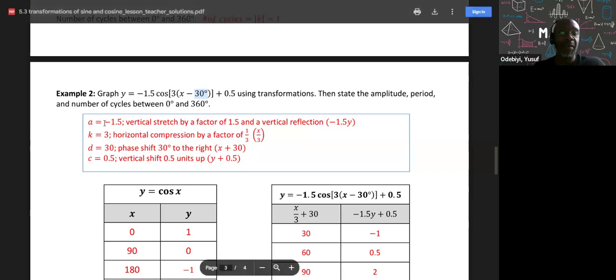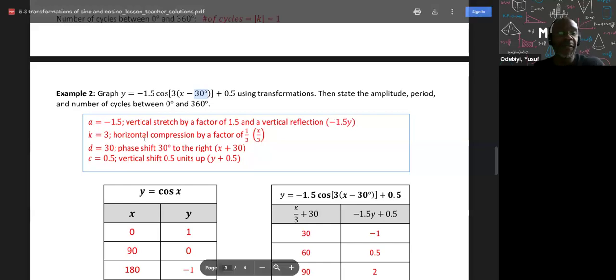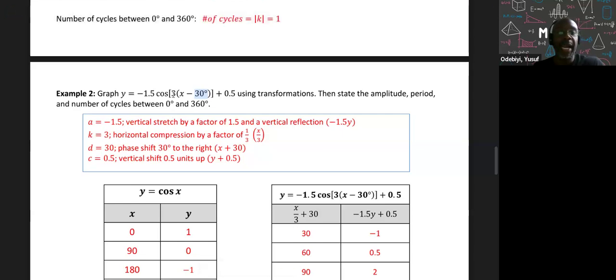So here, let's look at it. So A is negative 1.5, a vertical stretch of 1.5 and a vertical reflection. So my y's are going to be multiplied by negative 1.5. My k, in this case, is 3. So my compression is, remember, it's always 1 over k.